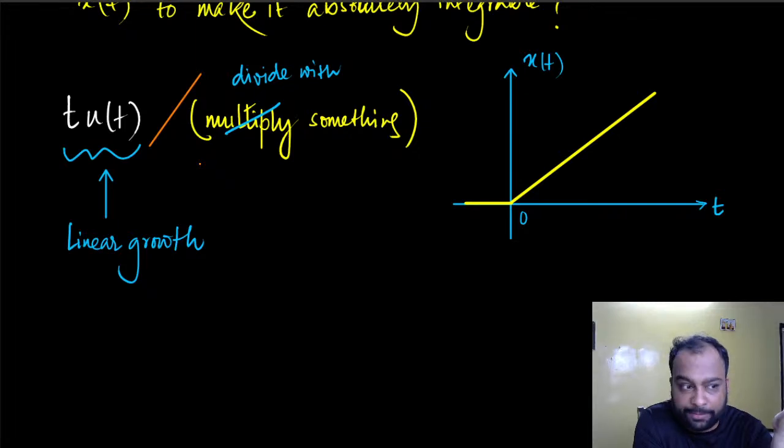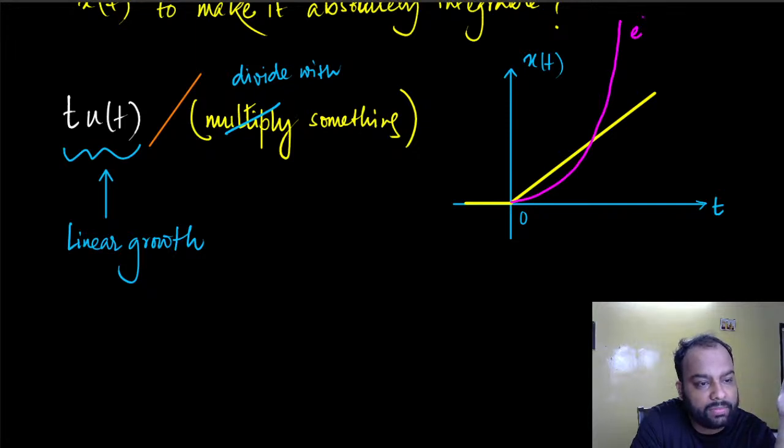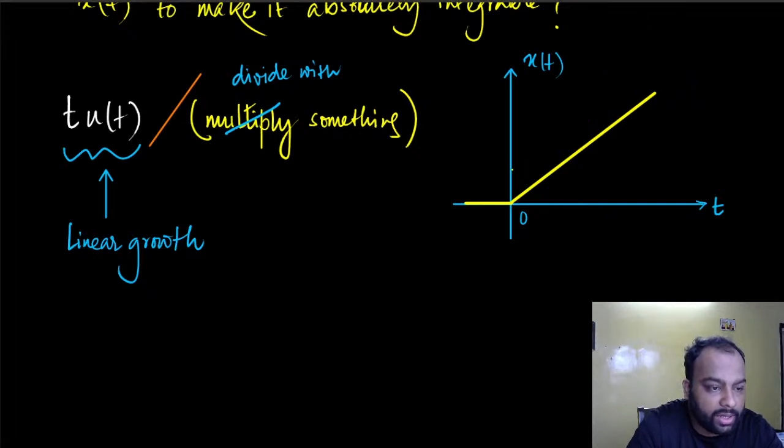If I take a positive exponential, and if I choose proper parameters, then that exponential will grow even faster. So this is something like e to the power t. That's not e to the power t, huh? Sorry, really sorry.